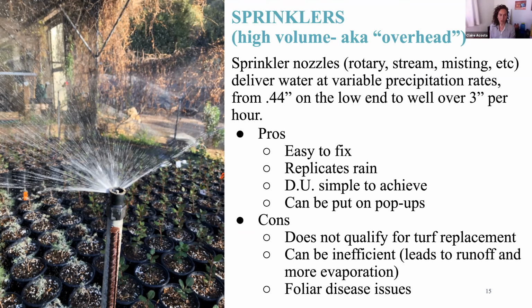Those are not considered watering events. Those would be like a 2-minute run on the sprinklers, just to wet the leaves, wet the soil, keep things cool and clean off the leaves. It's not an irrigation event, but that's something you can do with sprinklers that you can't do with maybe drip or something.